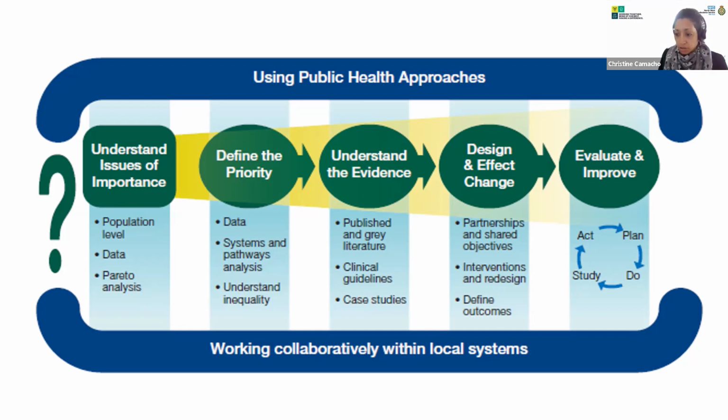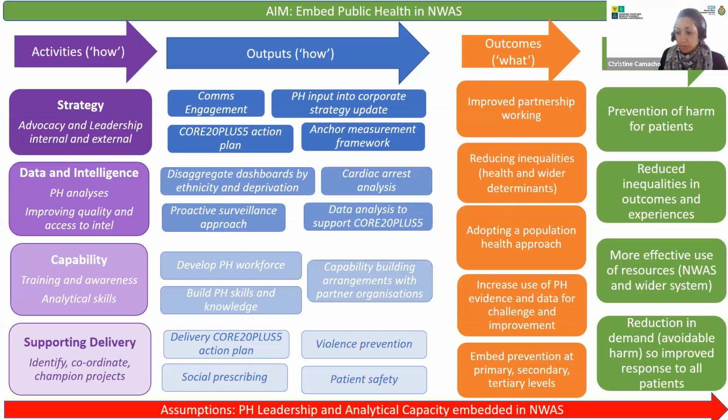And next, I'd like to show you a driver diagram that my colleague Kate put together around the work that we're doing in the North West Ambulance Service around some of this. So starting with the 4 chunks of our public health plan, which are around strategy, data and intelligence, capability and supporting delivery.